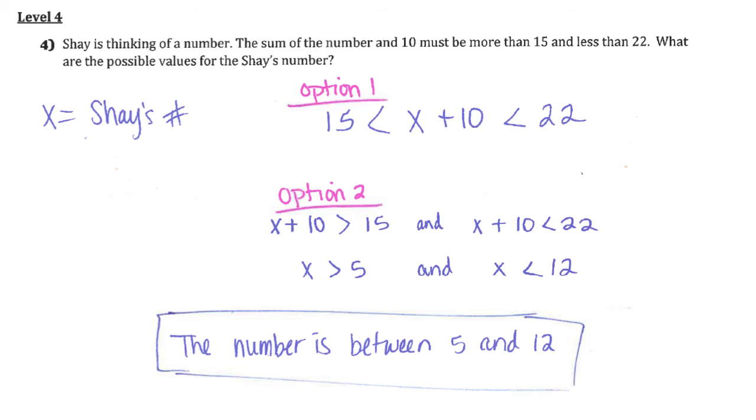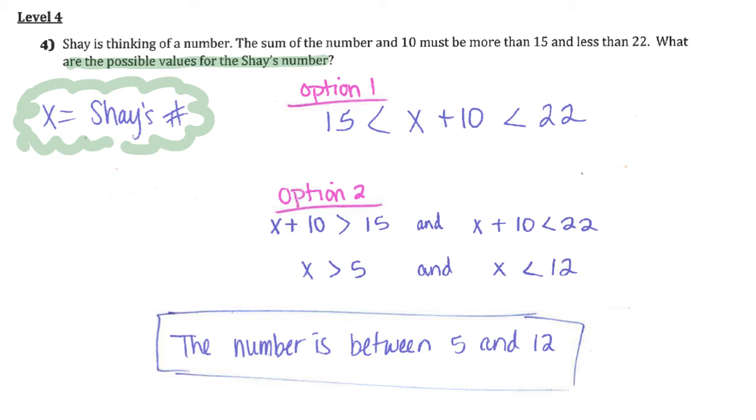So here's question 4, and they're asking about possible values for Shay's number. So notice I'm starting right here, defining my variable for Shay's number. Okay, now this definitely is a level 4 kind of top-notch problem because it ends up being a compound inequality. So you can write this in one of two ways.